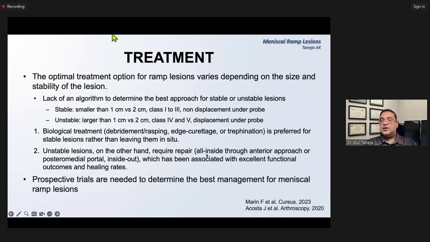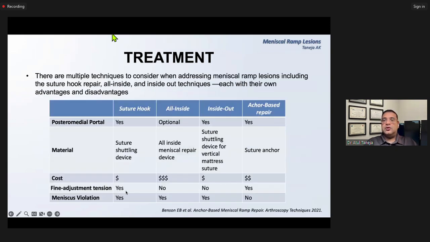This can be done using an all-inside technique through the anterior approach or an additional posteromedial approach, or an inside-out technique. Great outcomes have been shown from suturing, from repairing these lesions. Still, no great prospective trials.